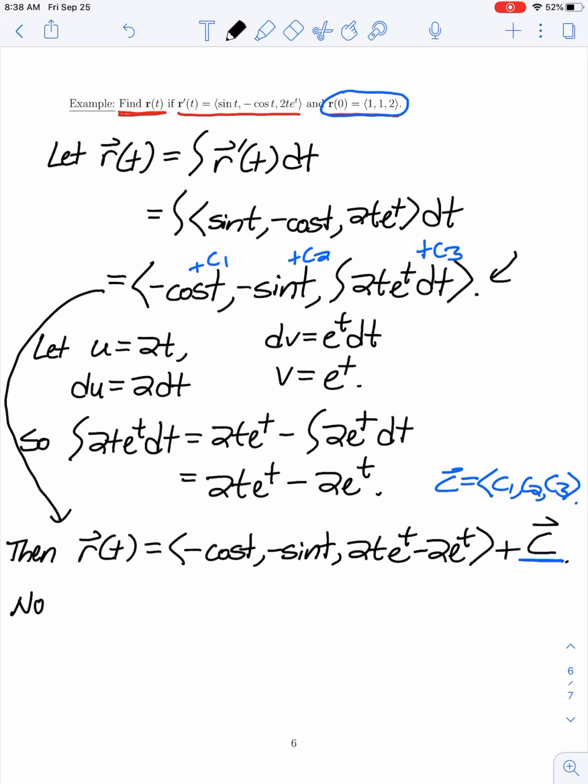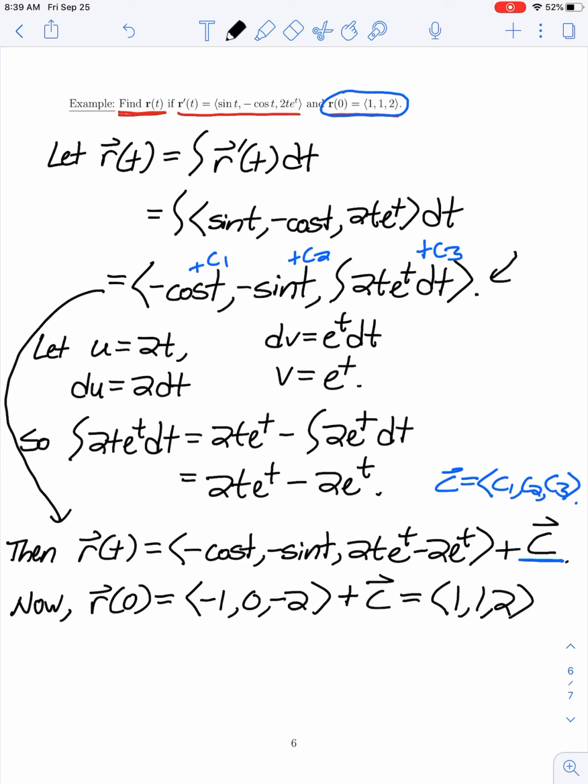Using that initial condition, if I evaluate r at t equals 0, I would have negative 1, 0, negative 2, plus some constant vector C, and I'm told in the problem statement that this must equal 1, 1, 2.